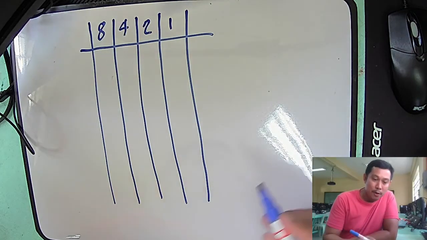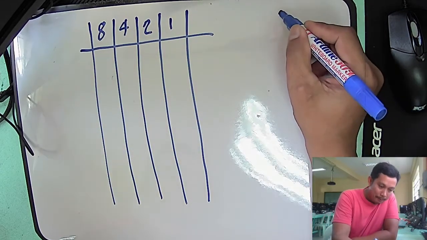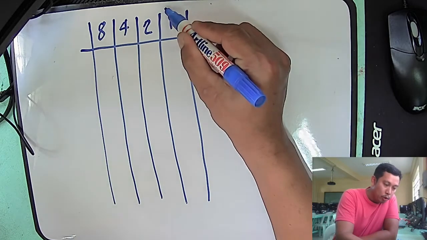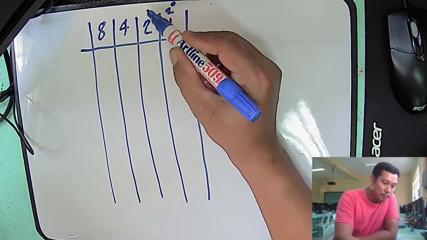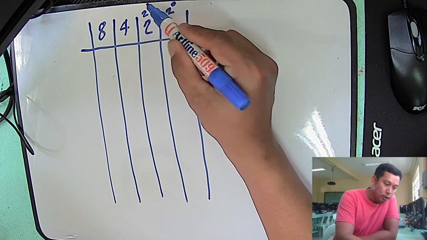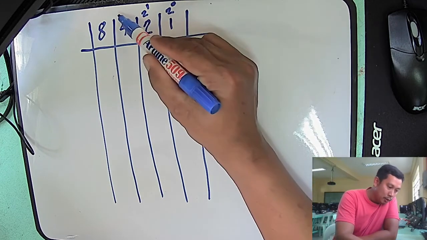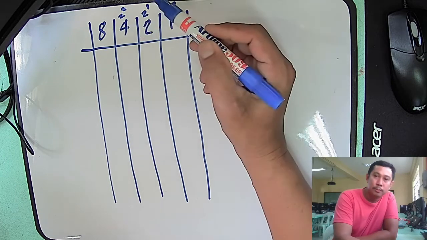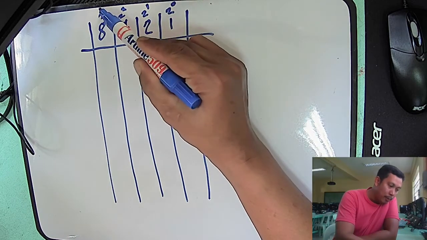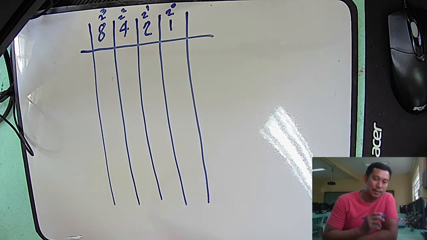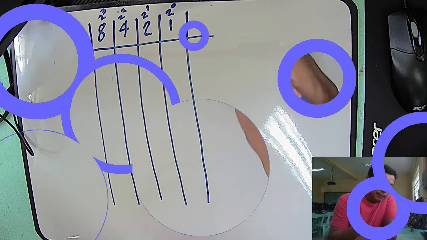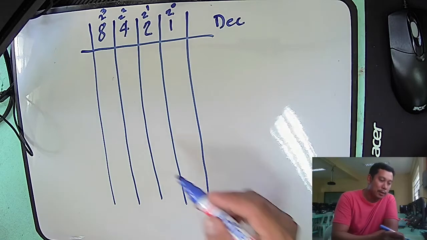Now, where did it came from? It came from 2 to the power of 0, 2 to the power of 1, 2 to the power of 2, and 2 to the power of 3. Okay? That's it.